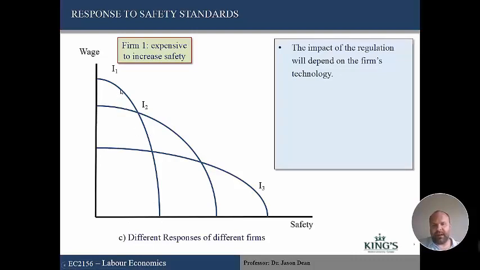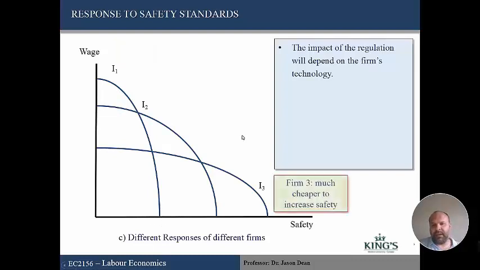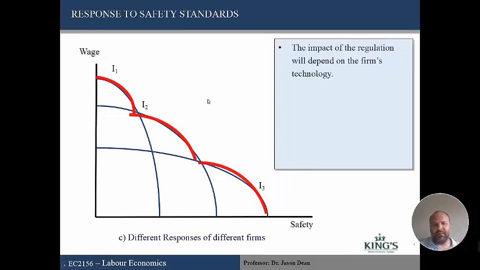If they go a little amount, they have to drop the wage. So you can see the wage having to drop a lot here for increases in safety. But firm 3, they can provide safety much cheaper. They don't need as much of a drop in the wage. Okay, so these are quite different. And then the firm 2 is sort of in the middle. So this would be the offer curve in the market.